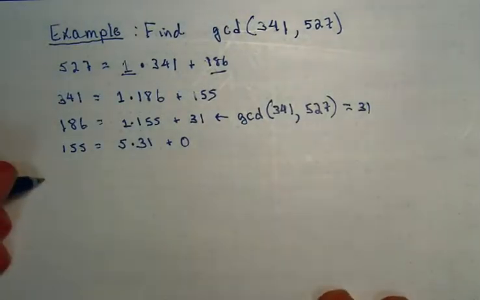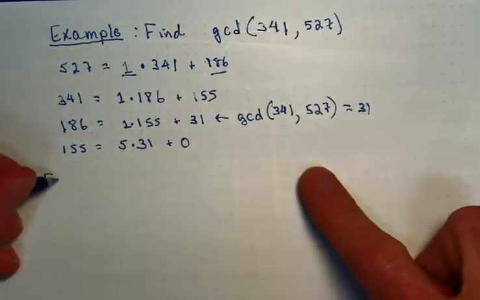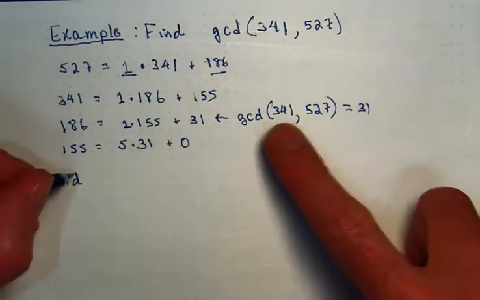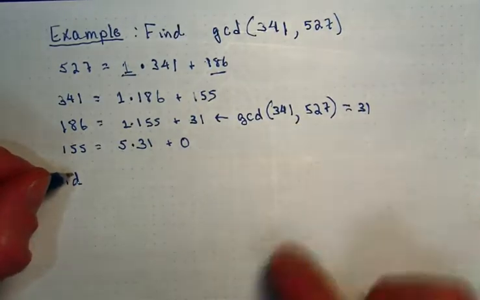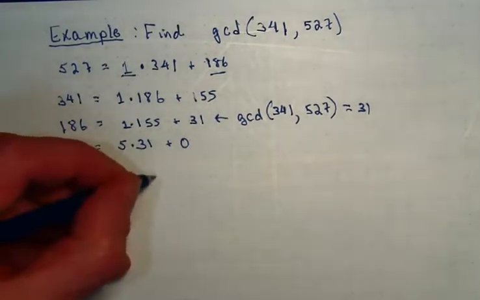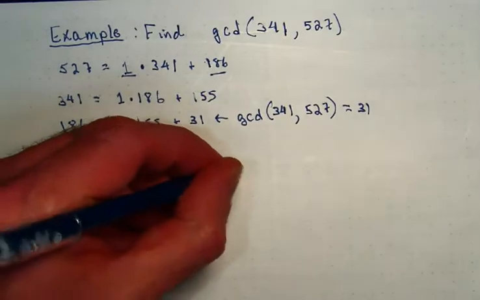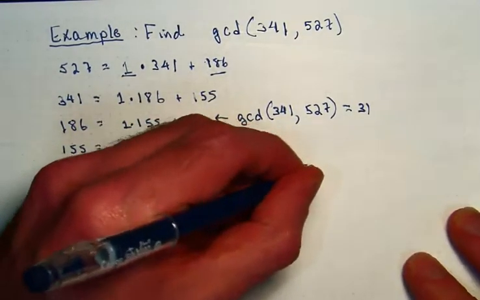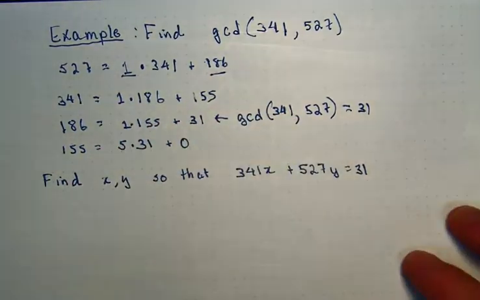Now, another thing that I'd like to show you using the work that we just did is a way to express 31 as a combination of 341 and 527. So in other words, I want to find x and y so that 341x plus 527y equals 31.